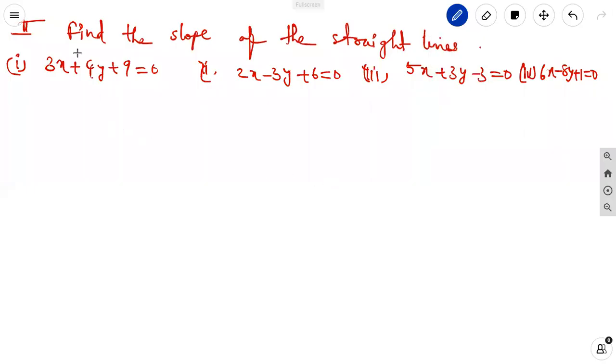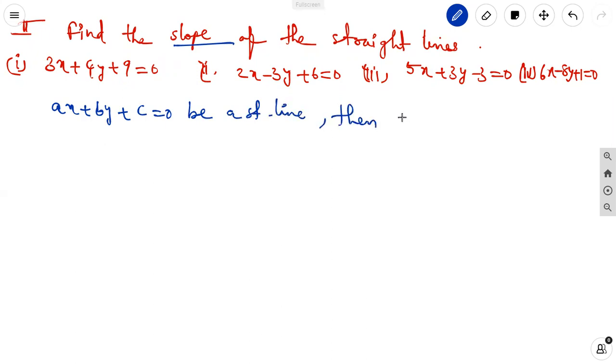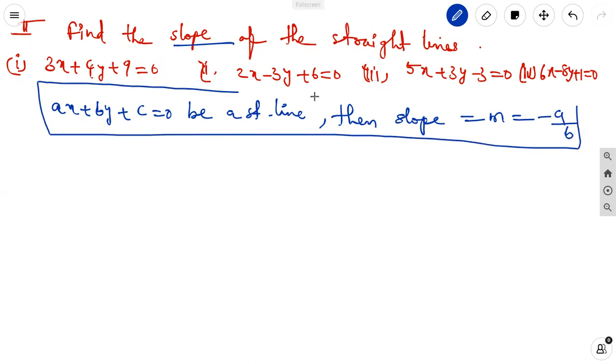The second bit, find the slope of the straight lines if the line equations are ax plus by plus c equal to 0, the general form of a straight line. Then the slope is minus a by b. The slope of the given line is m equal to minus a by b. If we remember this formula, then we can easily write.